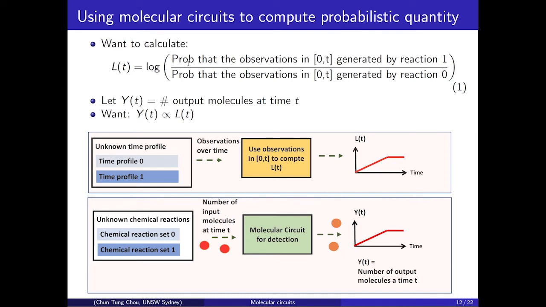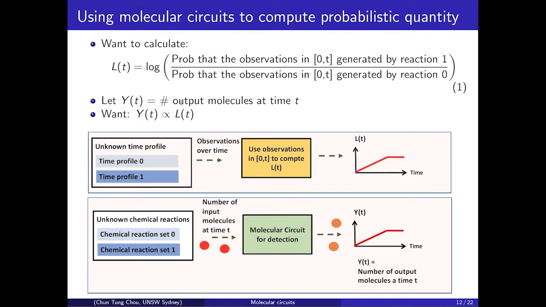I have here the probability that the observations, the observations that you are seeing in detection, in a certain time interval are generated by reaction 1, over the probability that the observations in the same time interval are generated by reaction 0. If you take the log, then that becomes the log likelihood ratio.